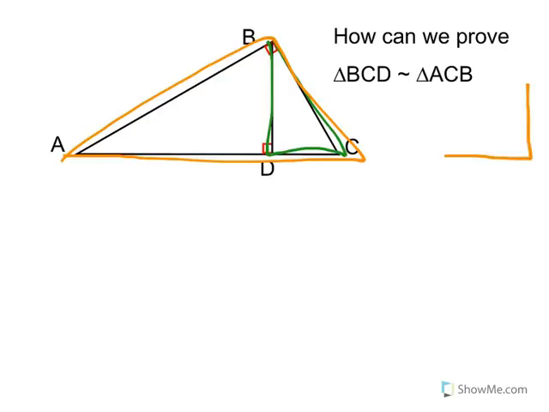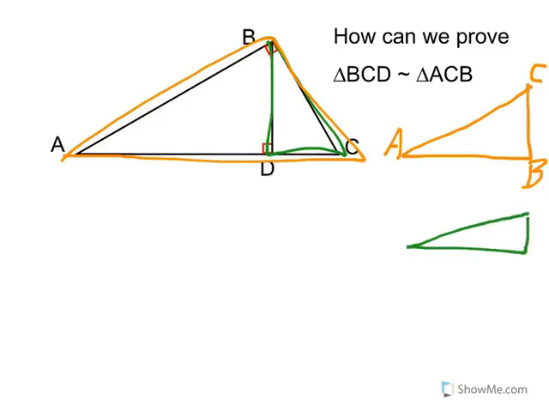So I have the short side there, long side, hypotenuse. So our right angle for the orange one is at B. Shorter side goes through C, and then the long hypotenuse comes out to A. And then our green one, short side, long side, hypotenuse. Right angle is at D. Short side goes to C, and then we come to B out here.